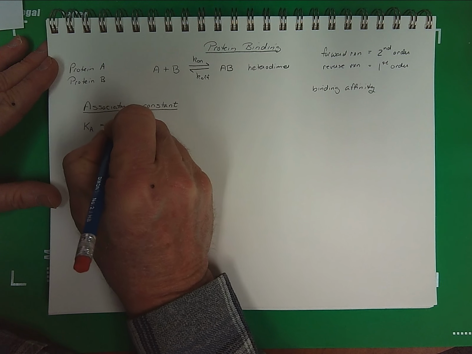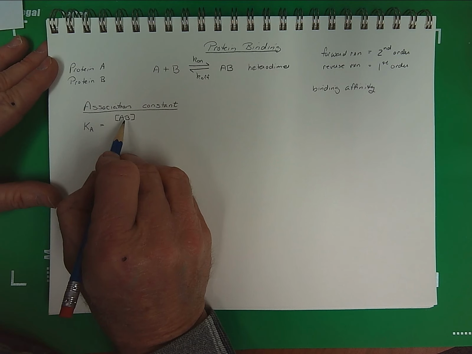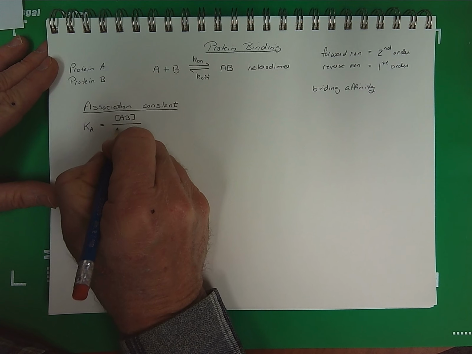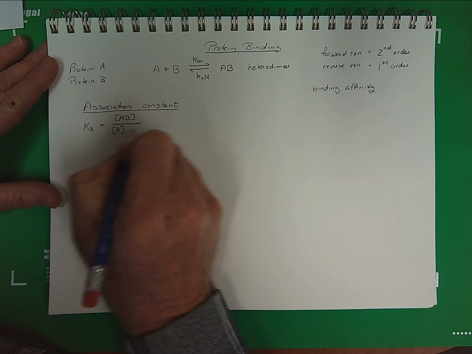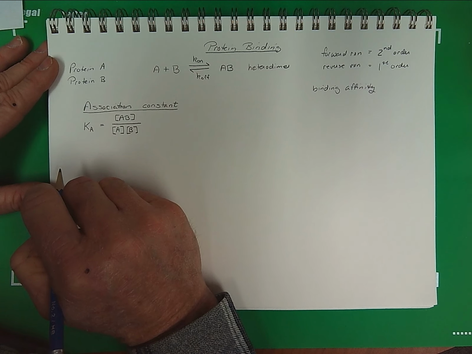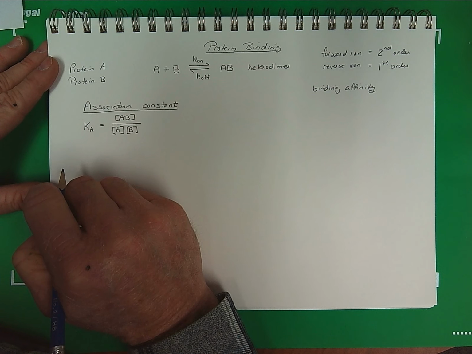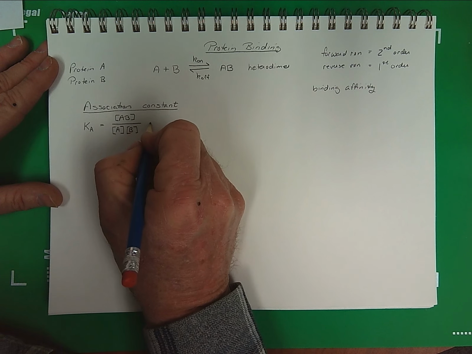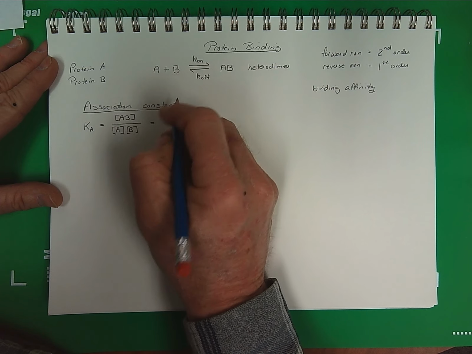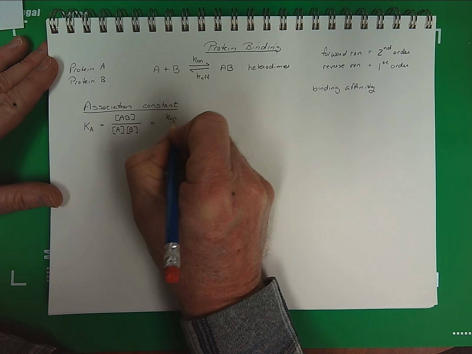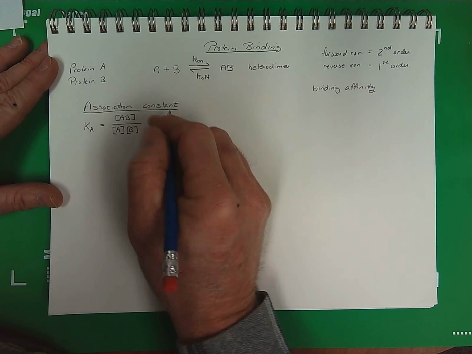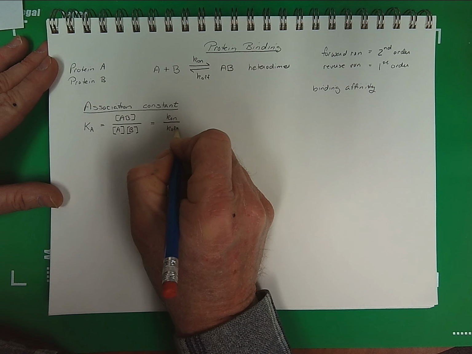So this is going to be the concentration of the single molecular entity AB complex that is formed in this reaction over the individual concentrations of the reactants A and B. This will also be reflected in the rate constants. The rate constant of formation of the complex, which is k on, over the dissociation of the complex, which is k off.